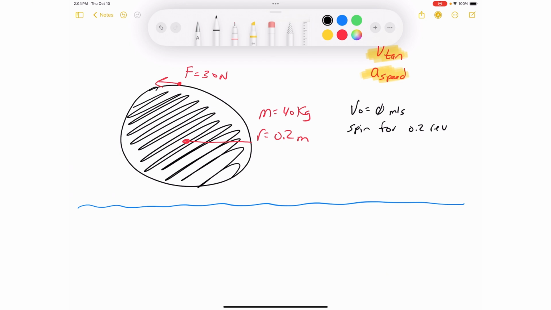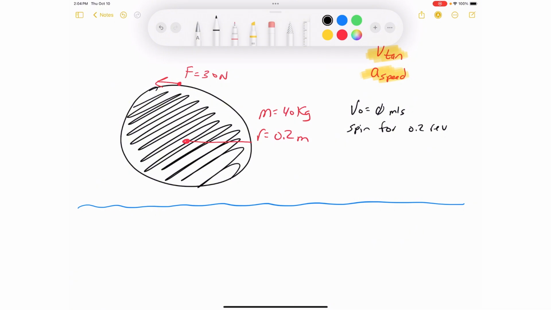So obviously, its velocity is going to continue to increase, so the acceleration is constant. You're like, how do you know the acceleration is constant? Because there's a constant force. If the force is constant, then the acceleration is constant, right? Because forces and acceleration are directly related to each other. F equals ma. So if there's constant acceleration, then the velocity is going to continue to go up and up.